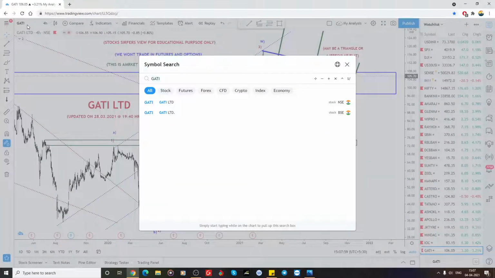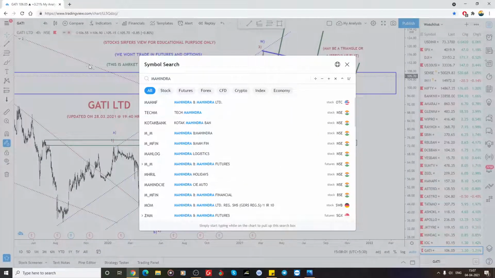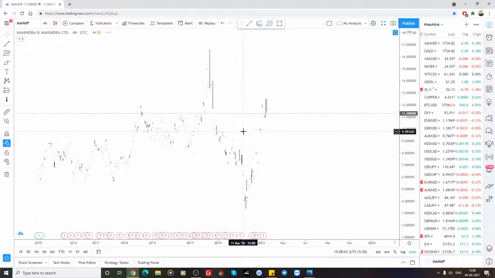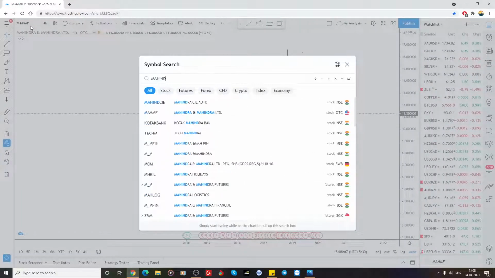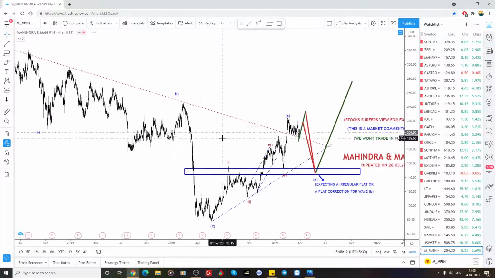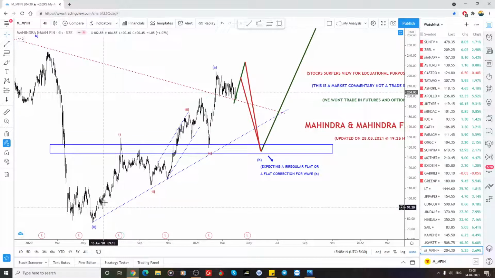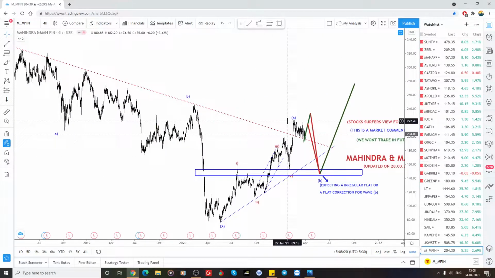And the next one is Mahindra and Mahindra Finance, that I also mentioned. Yes, as of now, 1, 2, 3, 4, 5. So once this 3-wave structure has ended, it is going to show whether this is A or 1 or B or 2.